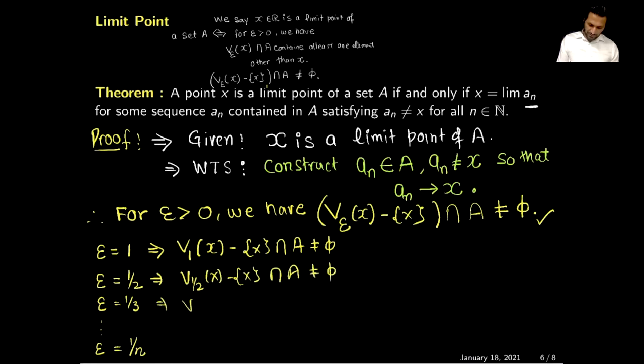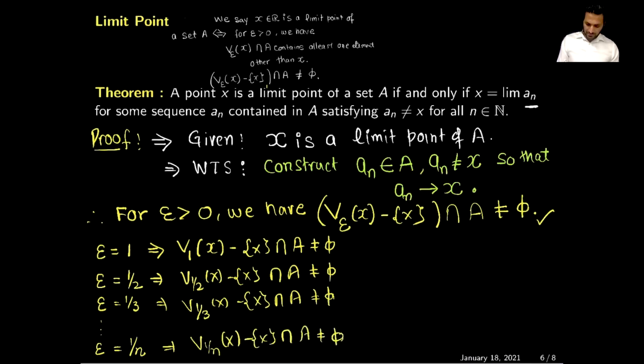Similarly, V 1 third of x other than x, intersection A, is non-empty. And similarly, V 1 over n of x other than x, intersection A, is non-empty. Next I will construct my sequence a_n by picking a_1 from the first set, a_2 from the second set, a_3 from the third set, and a_n from the nth set.